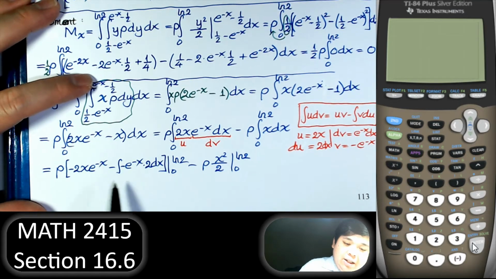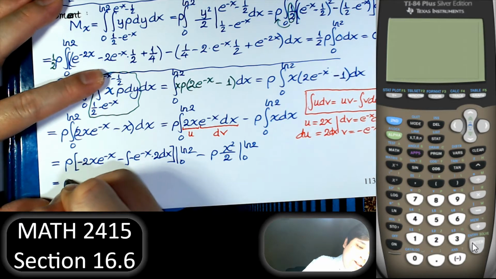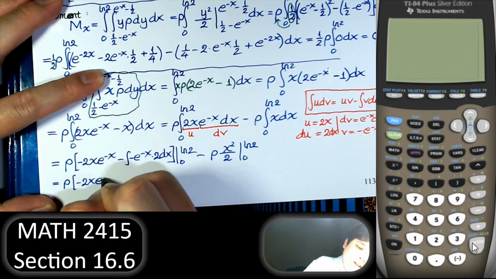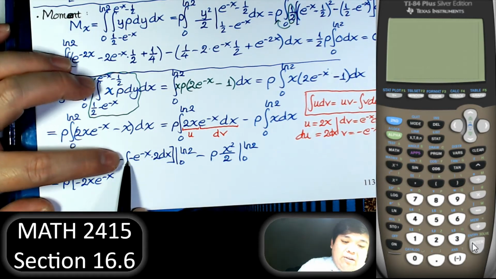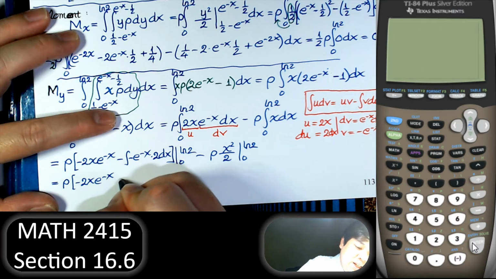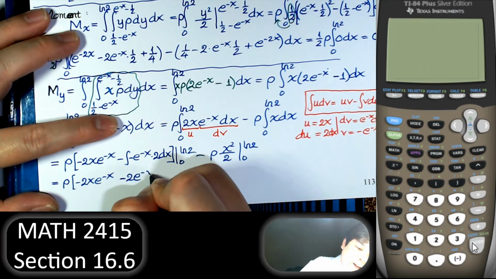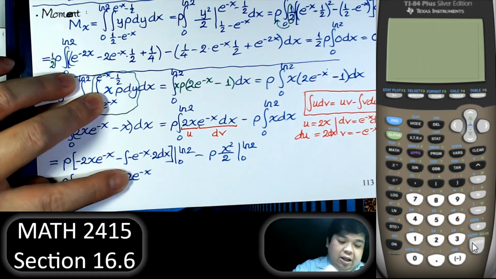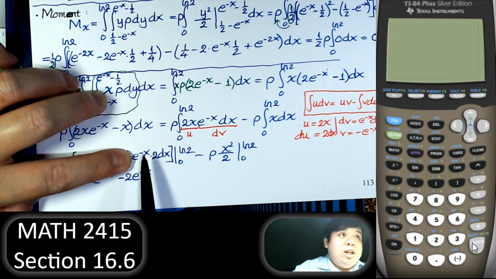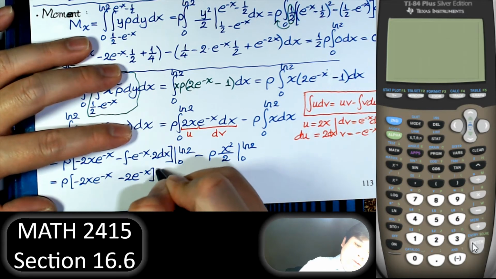Right. Now the integral of this: negative integral of 2e to the negative x is negative 2e to negative x. Yeah, there's a 2 inside, the negatives cancel. The integral of e to negative x is negative e to negative x, and we evaluate from 0 to ln of 2.